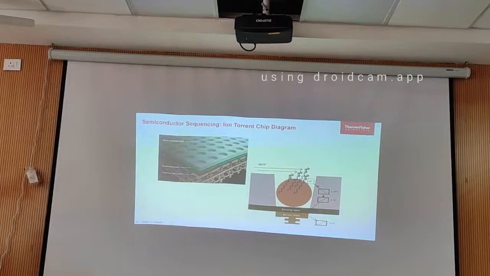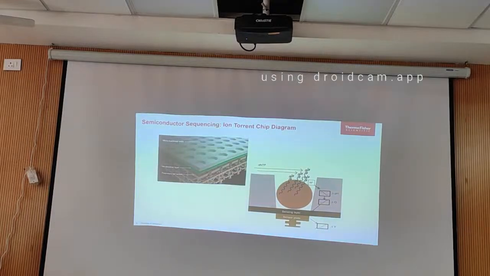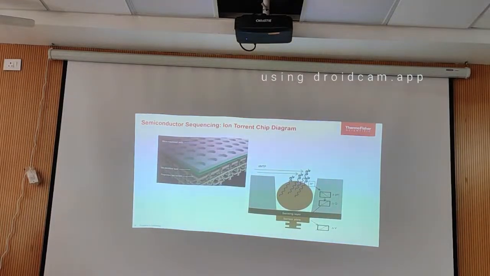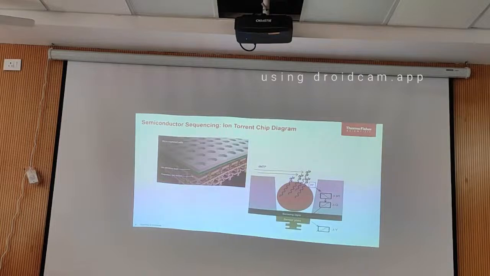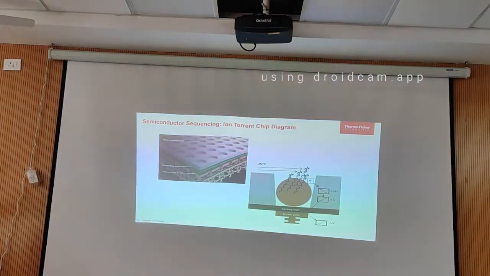Okay, so this is the detection principle. I will show you how the machine can distinguish which signal is coming from the incorporation of which base. But this is the detection principle, and it is very important.